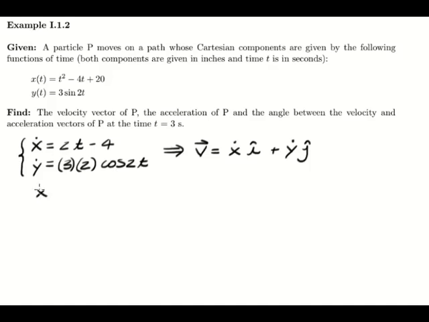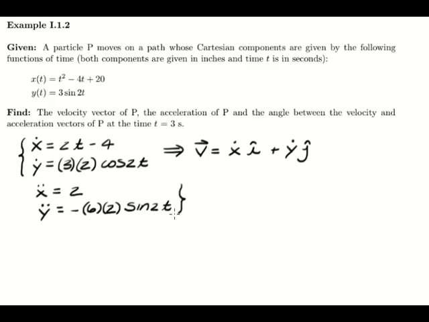Take one more time derivative, so we get x double dot here is equal to 2. Y double dot, we have a 6 in front of the cosine, so we multiply that by minus 2, because we're taking a time derivative of cosine 2t. So that gives us minus 6 times 2 sine 2t.